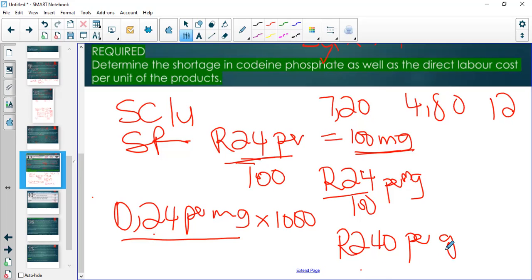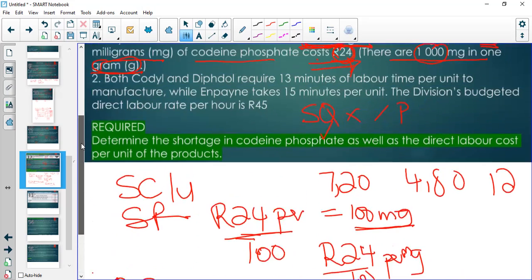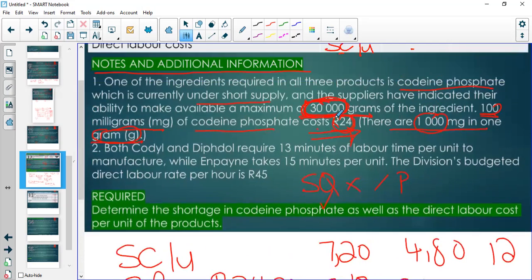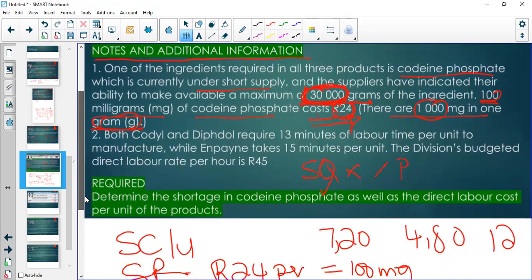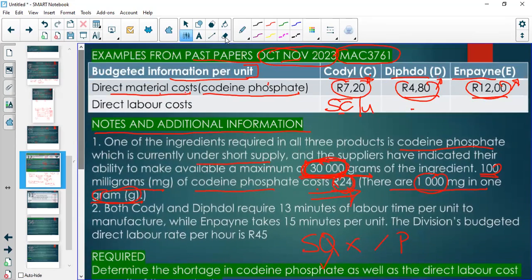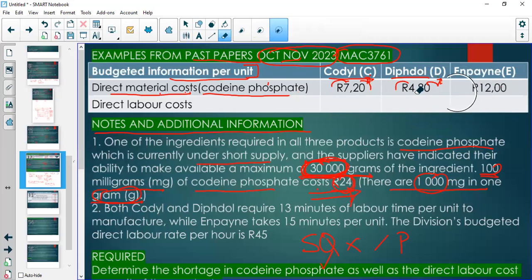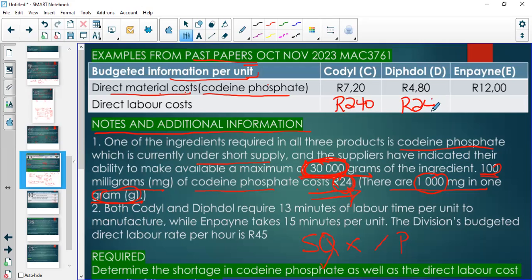Now I'm happy because I have grams, and I want to compare them with those grams that are given to us, 30,000 grams. So the standard price, which we have just changed, is going to be equal to what? What did we get there? 240, right? 240 per gram.